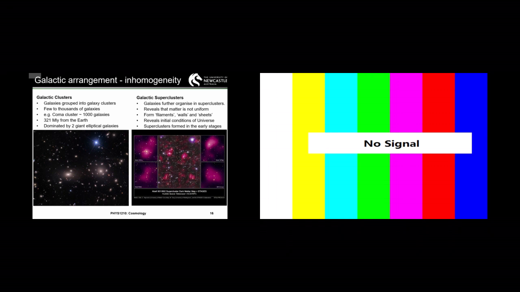There were some regions where the density was slightly higher, and gravity will cause the matter to be attracted into those denser regions, and so that will gradually be amplified. It's within those dense regions that the first stars form, and then the galaxies and the clusters of galaxies, and indeed the superclusters, will all grow out of those early regions where things were just slightly denser.